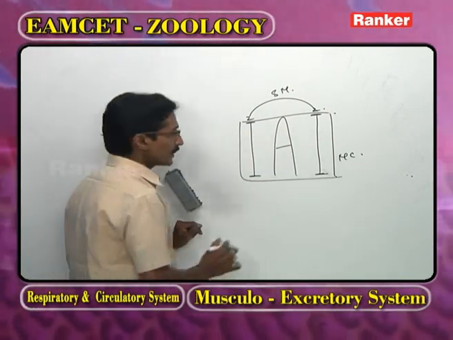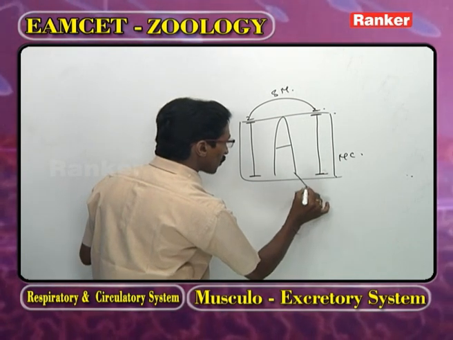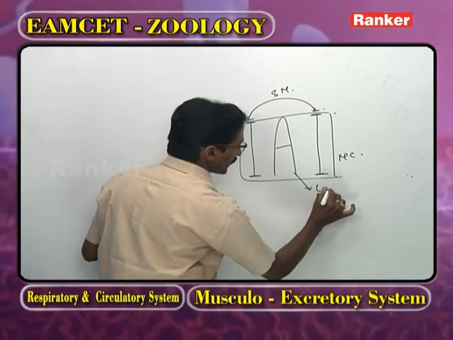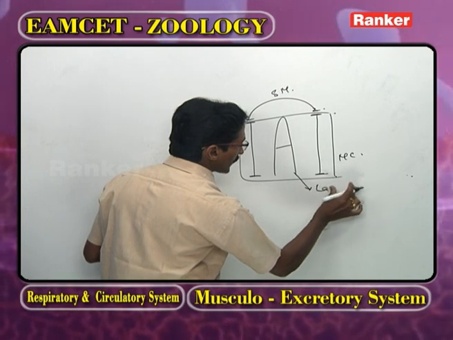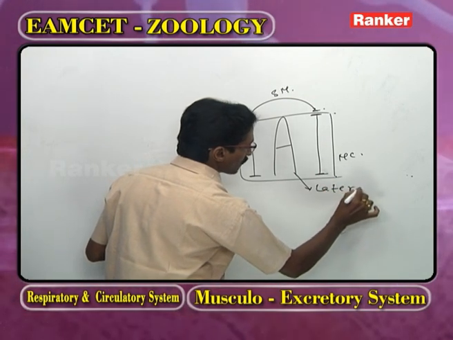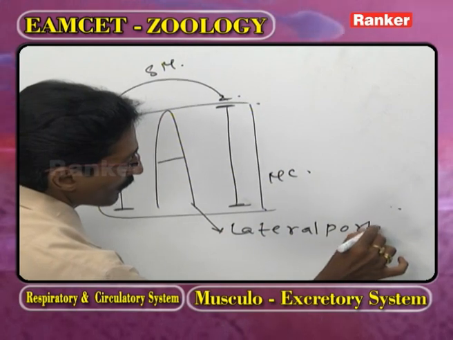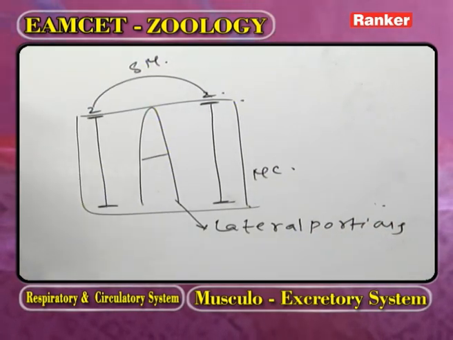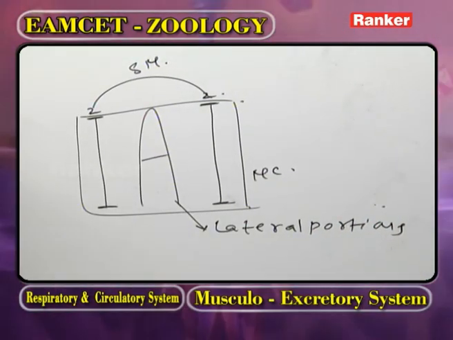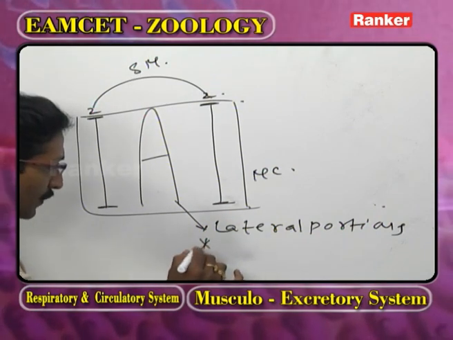Now here what is the dark band? A. Now the arrow mark indicates the lateral portions of A band. In the lateral portions of A band, what is present?